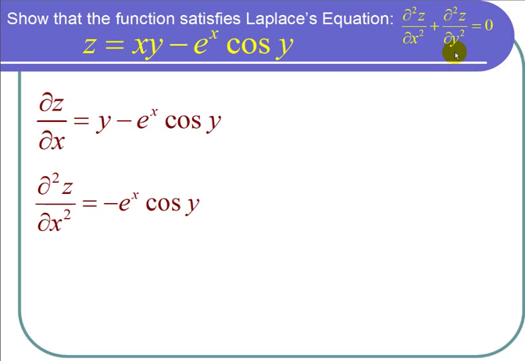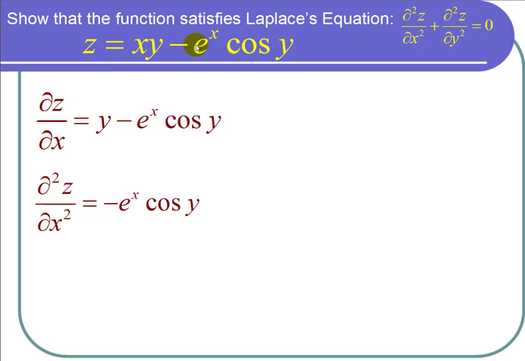So now let's find the second partial derivative of z with respect to y. First I find the first partial derivative of z with respect to y. When we have xy, x is a constant, and the derivative of a constant times y is the constant, or just x.